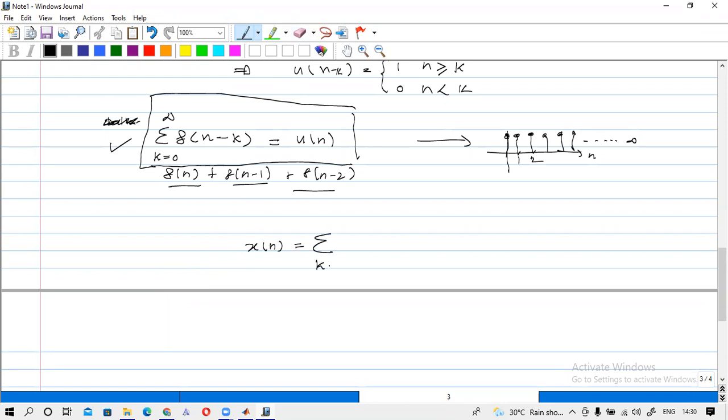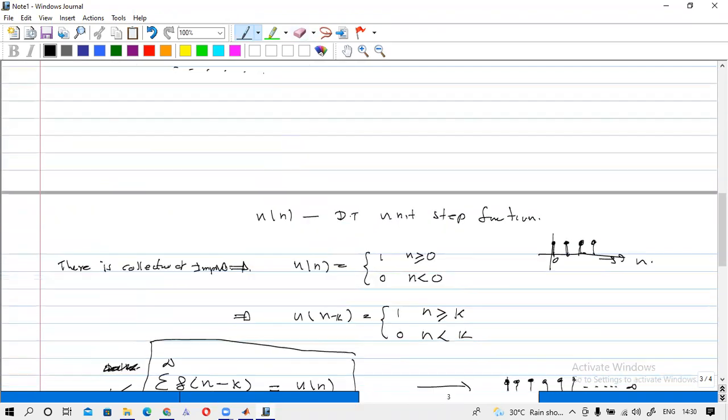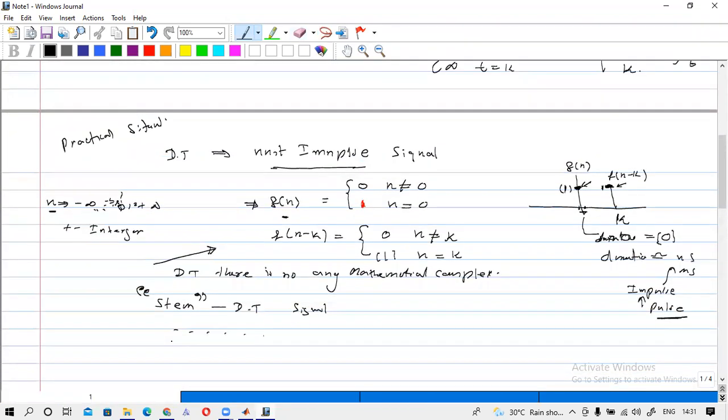Let's take k from minus infinity to plus infinity, x[k] delta[n minus k]. I think these are the basic things you should understand.